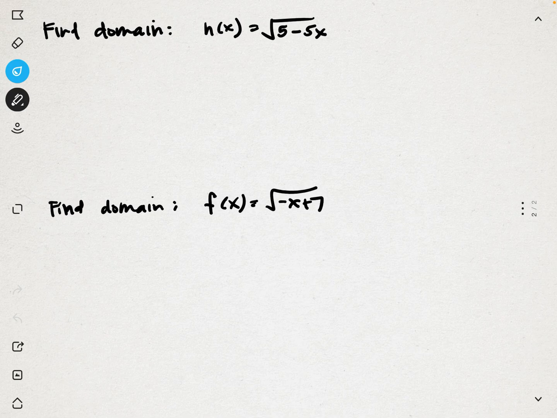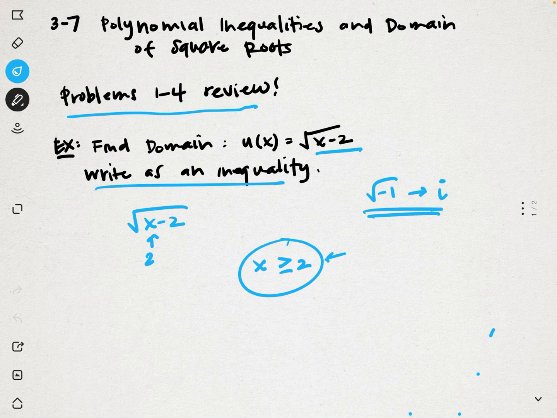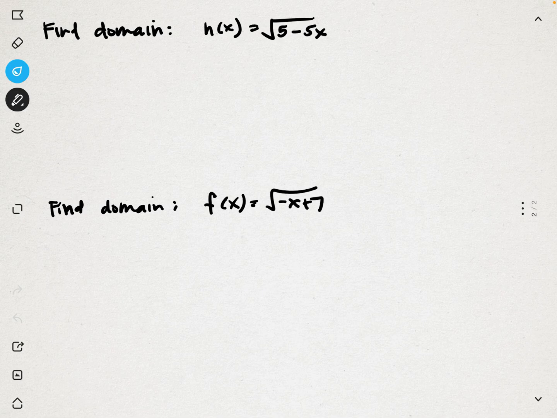All right, same thing, find the domain. We're looking at h of x is equal to the square root of 5 minus 5x. This time is a little bit more tricky, because last time we had just x minus 2, which is easy enough to see. If you have trouble with it, we're going to say that everything inside here, 5 minus 5x, has got to be greater than or equal to 0.